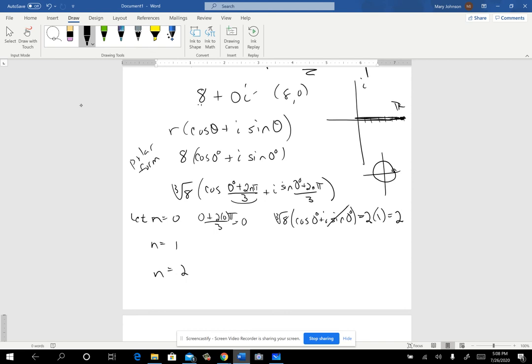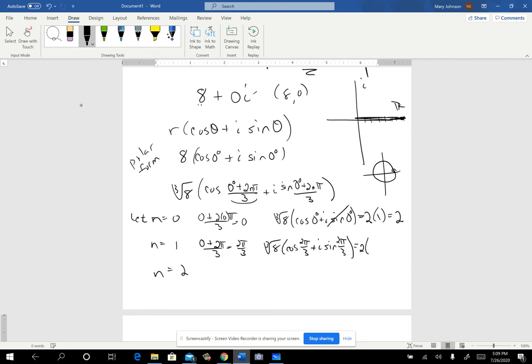All right, but now we're going to let n equal 1. So that would be 0 plus 2 pi over 3, which is 2 pi over 3. So that means we now have cube root of 8, and then we need the cosine of 2 pi over 3, and we need the sine of 2 pi over 3, so we can plug those in. So think about 2 pi over 3. The cosine of that is going to be negative 1/2.